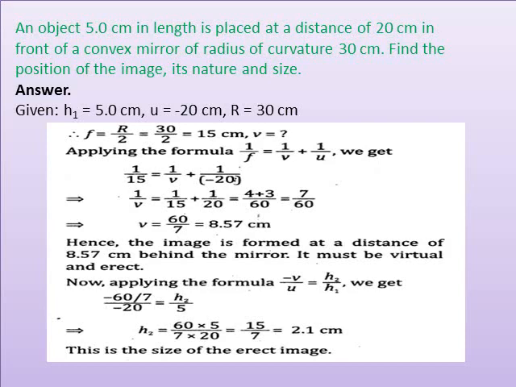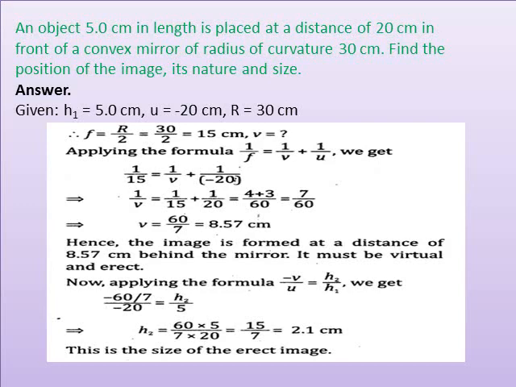What is the next number that you get? 20 centimeter. What is this 20 centimeter? Read the question: an object 5 centimeter in length is placed at a distance of. So it refers to the object distance. What is the letter for object distance? U. U is equal to 20 centimeter, that is the information given in the problem.